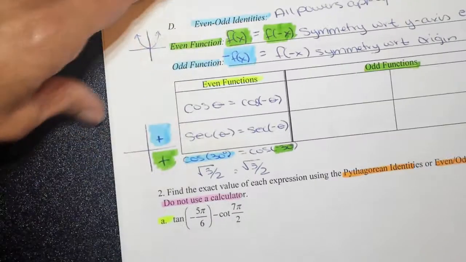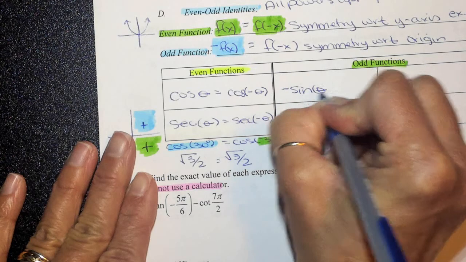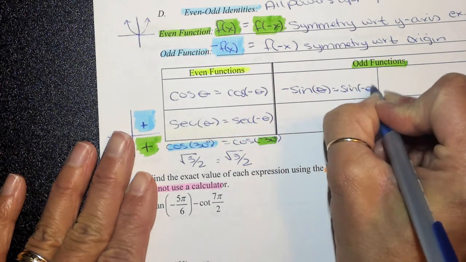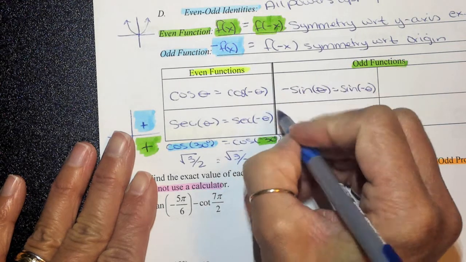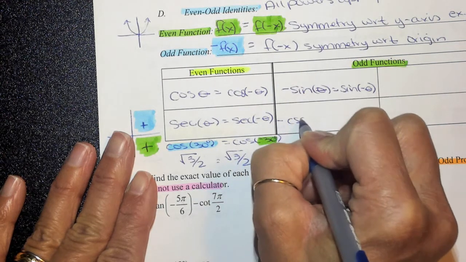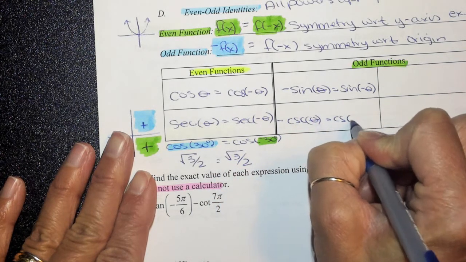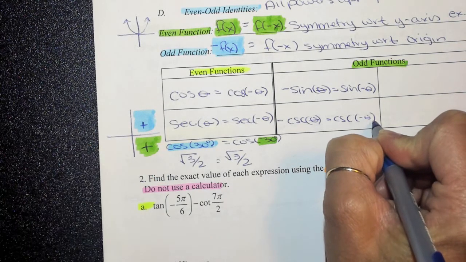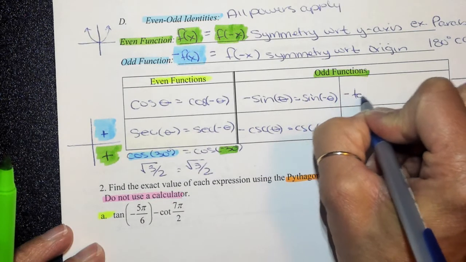Alright, so odd functions are the opposite: the sine of negative theta is equal to the opposite of the sine of theta. Same thing for the reciprocal function, which would be the cosecant of the opposite being the opposite of the cosecant. Okay? And then tangent is also an odd function.